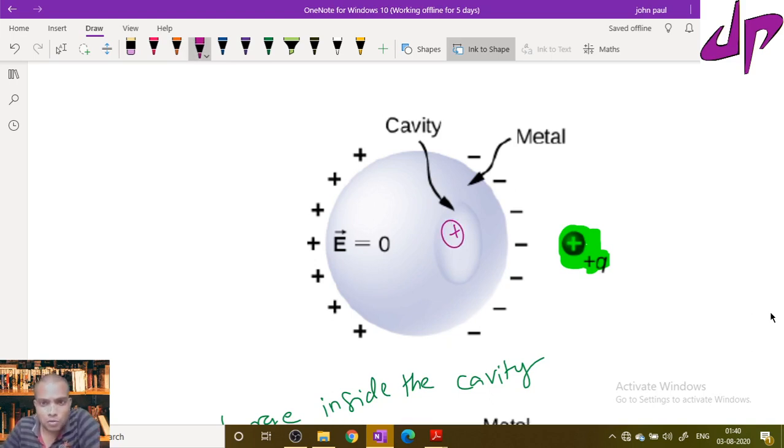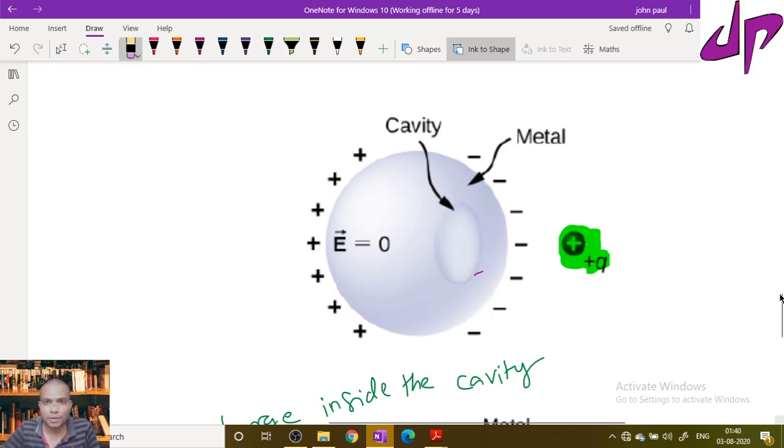Since it is a positive charge, it will attract the negative charge. So the negative charge close to this positive charge will be accumulated on the inside surface of the cavity. That is the key point here.